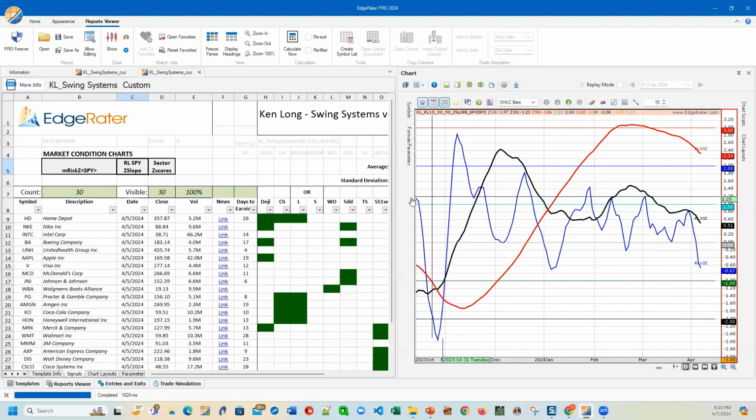If you have a new stock with only a few years of data, it's still going to work okay as long as SPY has its 30 years to calculate. Yes, and that's only for this one that displays.